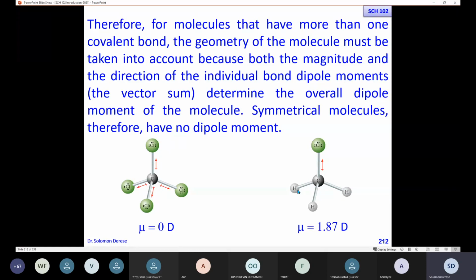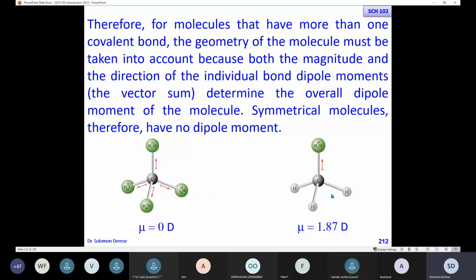Since this is at an angle, you have a vertical component and a horizontal component. Just concentrate on this hydrogen. The bond moment of this will be resolved so that we have a vertical component that points up and another, a horizontal component that points this way. When you look at this other hydrogen, it also has a vertical component that points up and a horizontal component that points this way.